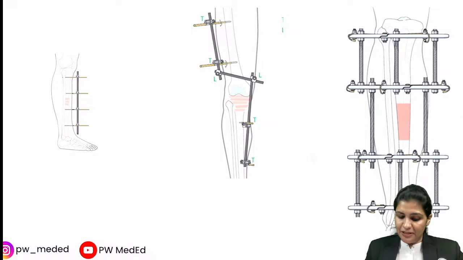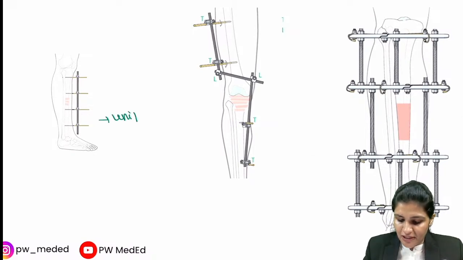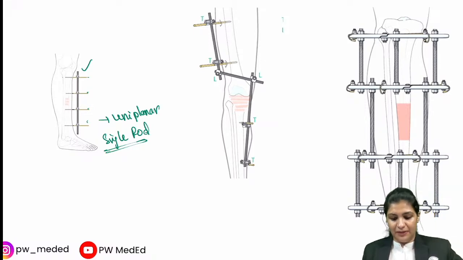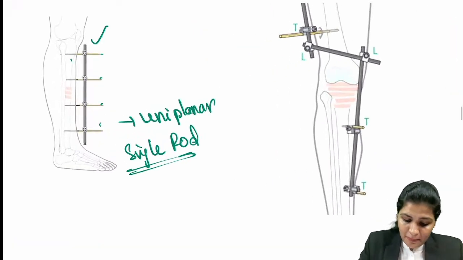In these examples, you see this is the uniplanar fixation with a single rod. So this is your rod and these are your pins. Here you are placing the pins, so these are near to the fracture and these are away from the fracture.